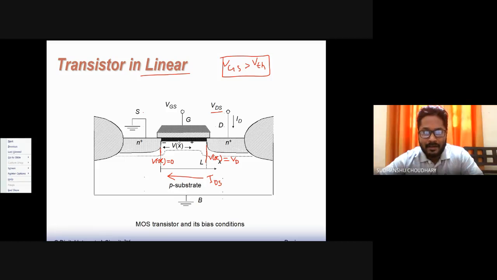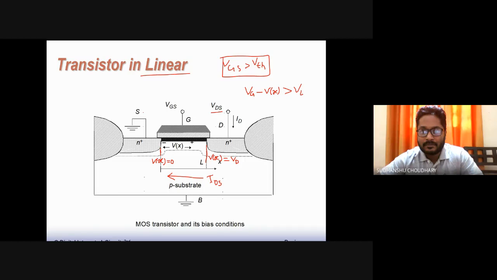Now to maintain a channel under the gate, there is a condition that Vg minus Vx should be greater than Vt, the threshold voltage. So this is the condition for maintaining a channel under the gate.